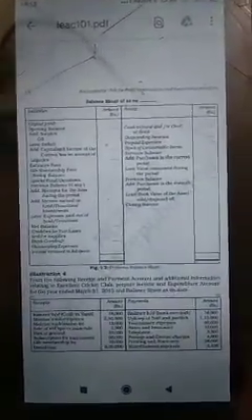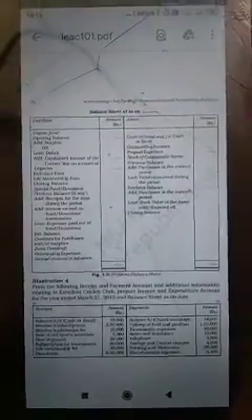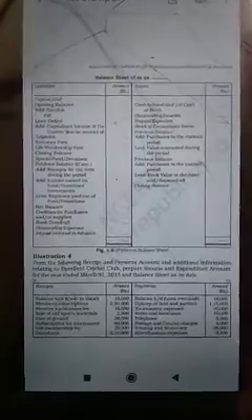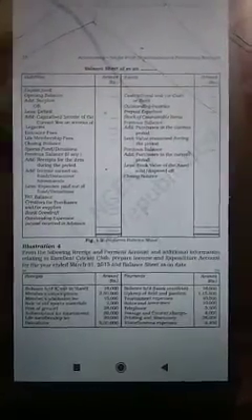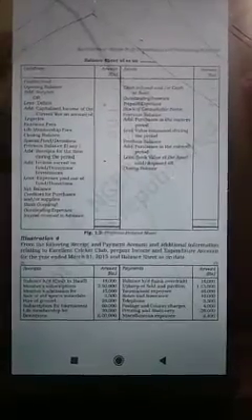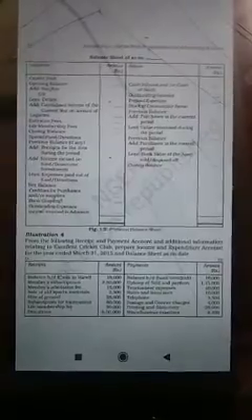So here the format of the balance sheet is there. I will provide you the snapshot of that one, and below that you see one question. It is a cricket club, so we are required to prepare income expenditure and balance sheet.